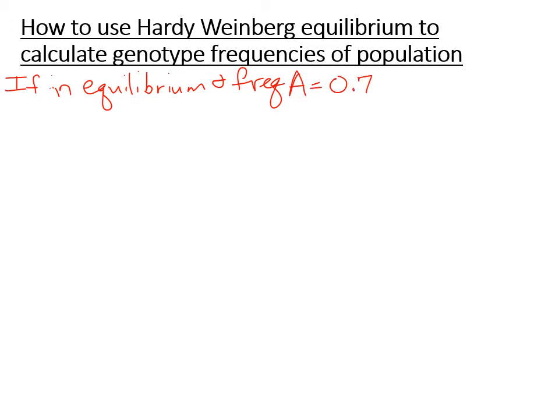What's the first thing you can figure out once I've given you that information? Well, right away, you can figure out the frequency of lowercase a, right? Because if the dominant is 0.7, what does the lowercase have to be? 0.3, right? Because the frequency of the dominant plus the frequency of the recessive have to equal 1.